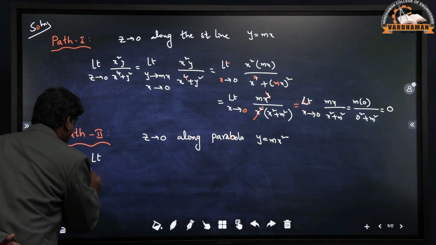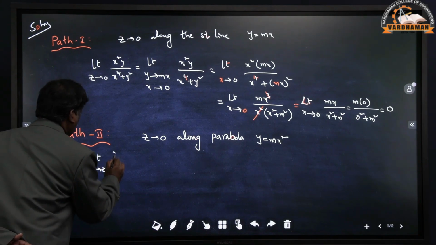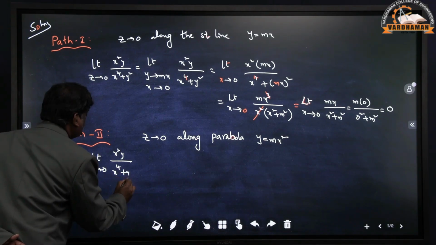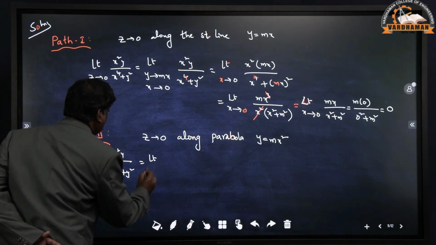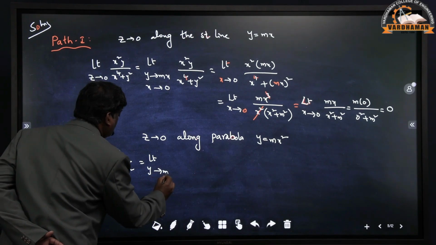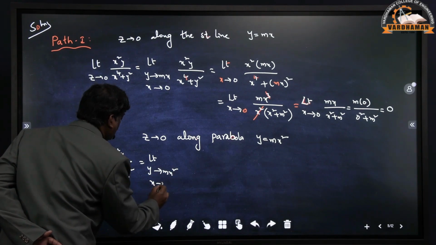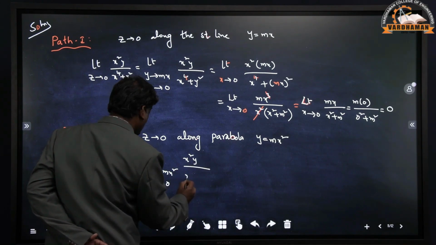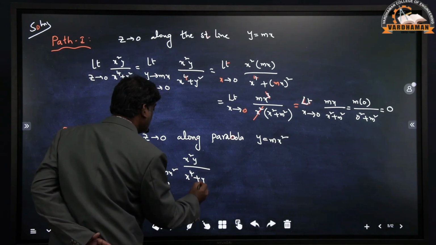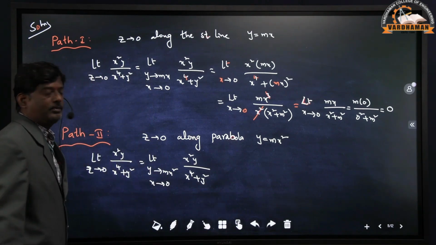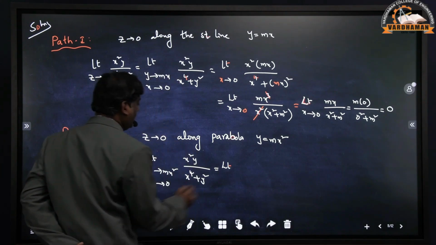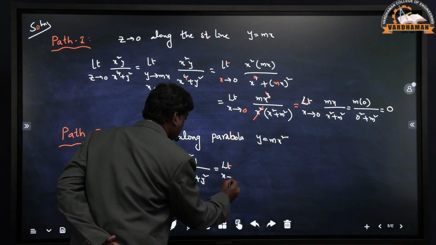Now z tends to 0, the limit of x square y by x power 4 plus y square, with y tends to mx square, then x tends to 0. First I am applying the limit x tends to 0.